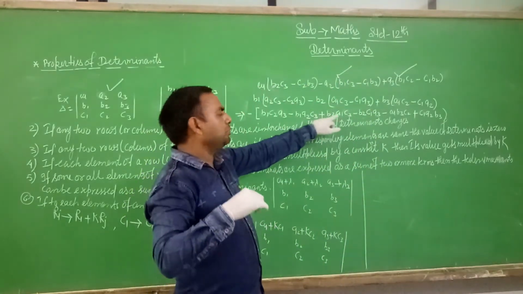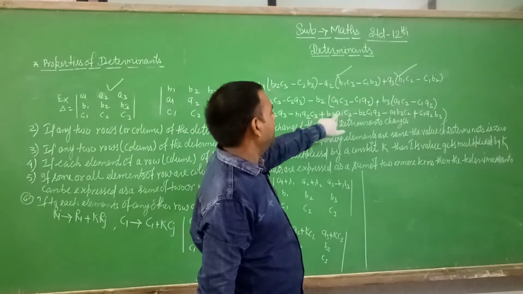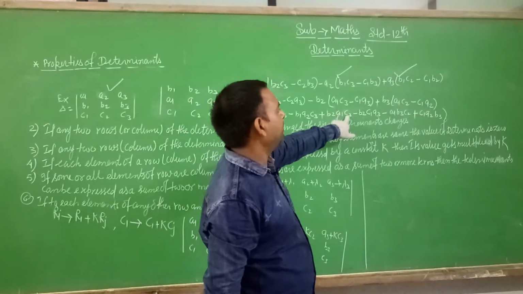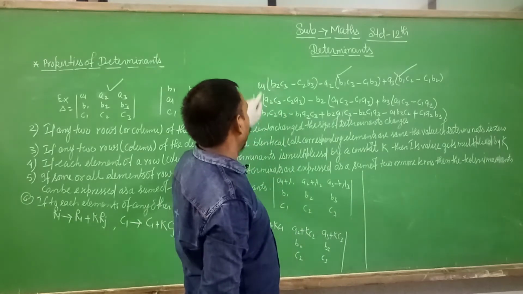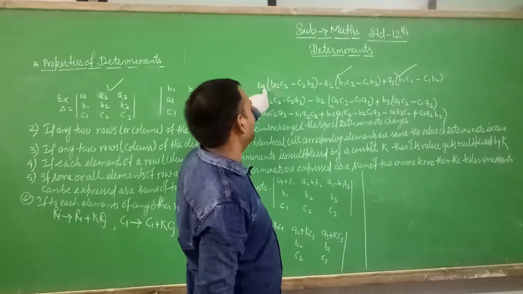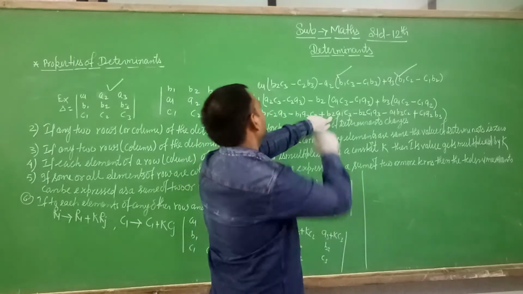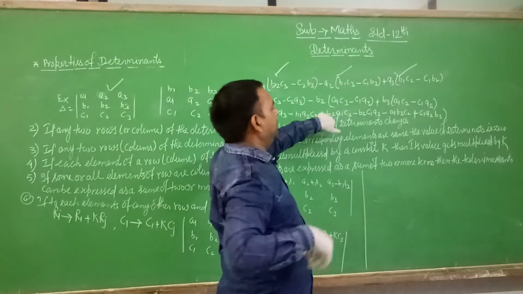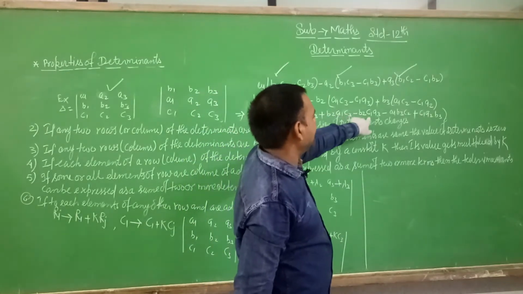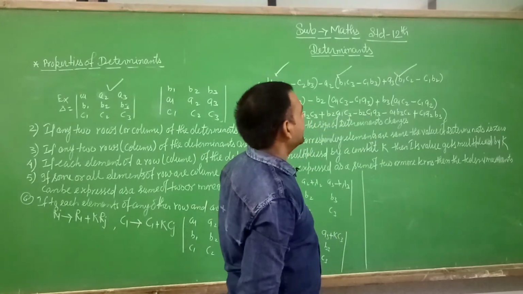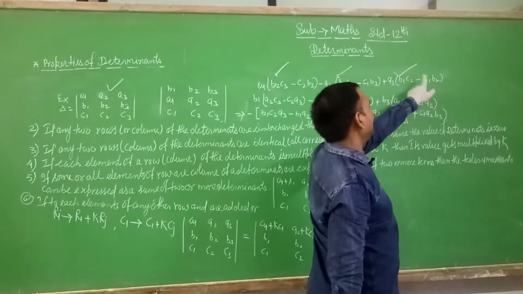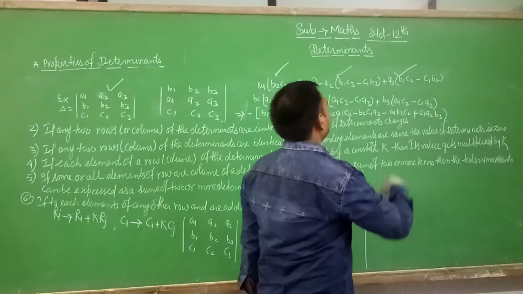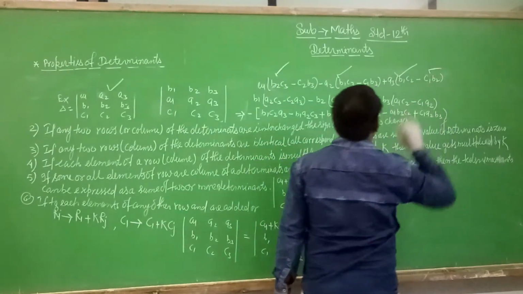Then B2 A1 C3 is positive. Then another element, B2 C1 A3, is negative.